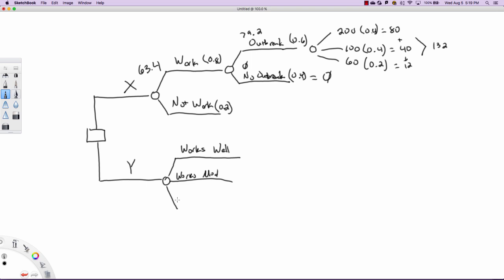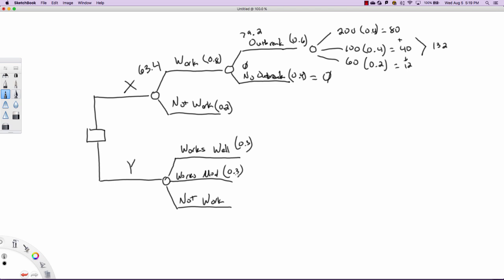And then, just like drug X, there's also a possibility that it doesn't work. If it works moderately well, I've got 0.3, 30% chance. Same thing with working moderately well. So drug Y works.